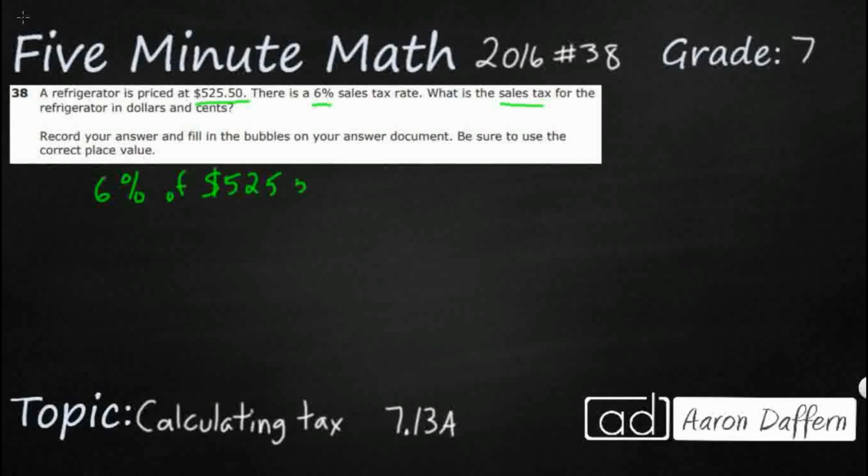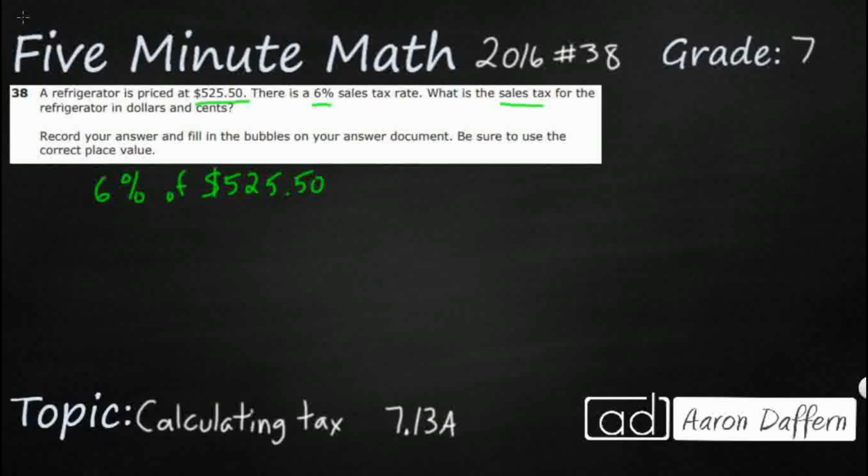Now, multiplying dollars and cents by percents is usually not something we do. But what we're trying to find is 6% of something. So we're wanting to maybe divide this into 100 pieces and then take 6 of those. And that's another way we could do that mentally if we really wanted to.